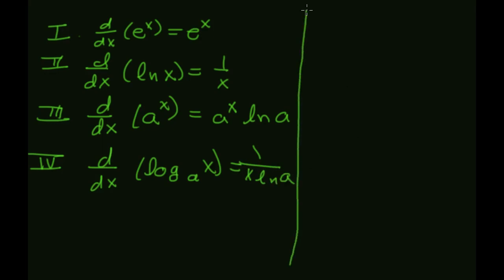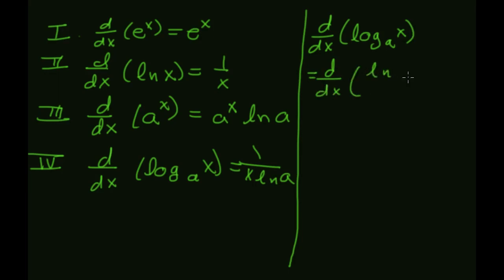All right, so let's look at why that one works. If I take the derivative with respect to x of the log base a of x, this is the same as the derivative with respect to x of the natural log of x over the natural log of a, by the change of base formula.